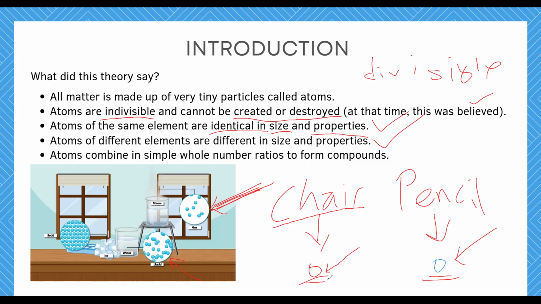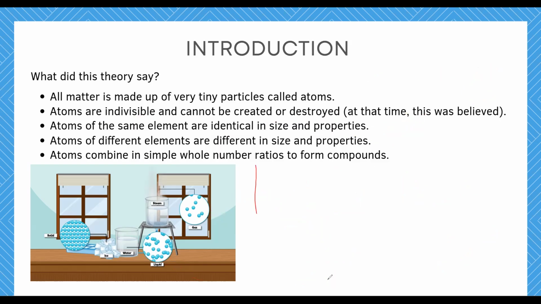So those are the four ideas of the atomic theory. And then the final one says atoms combine in simple whole number ratios to form compounds. So here is what we mean. For instance, let's say we have the compound water, which is H2O. What this law simply says is that there is a simple whole number ratio that is followed before this compound can be produced.